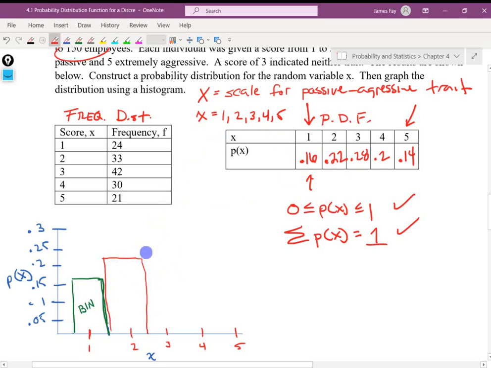Three is at 0.28. 4 is back to 0.2. And then 5 is down back to 0.14, so about right there. And we've taken now our probability distribution function and transformed it into a histogram.